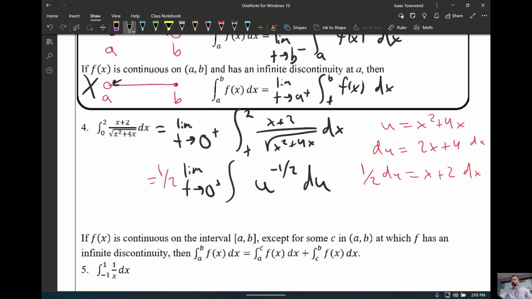Okay, so should my bounds be t to 2 still? No. Regular u substitution is not changing. When x is 2, u would be 4 plus 8, 12. And when x is t, u would be t squared plus 4t.